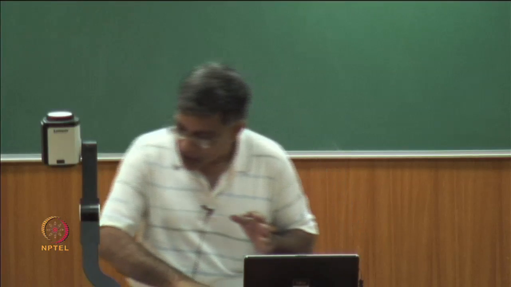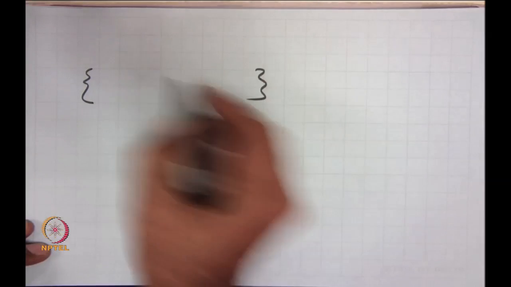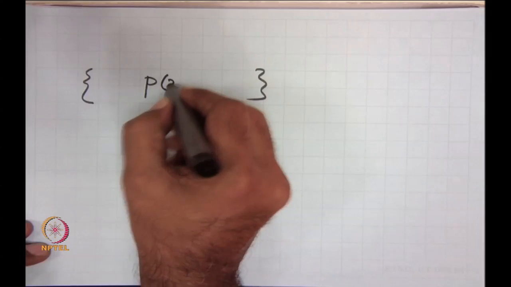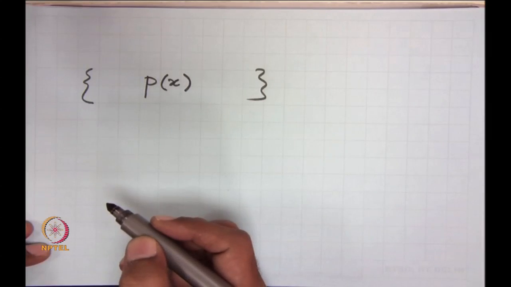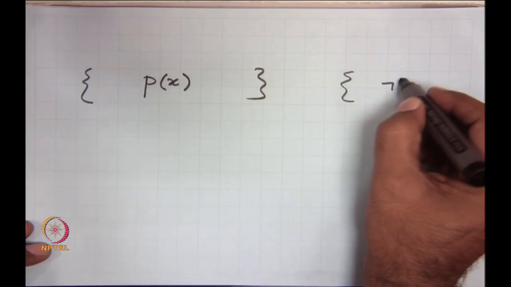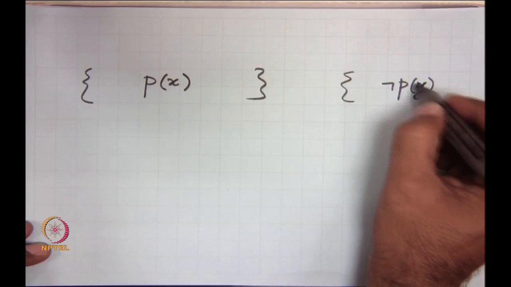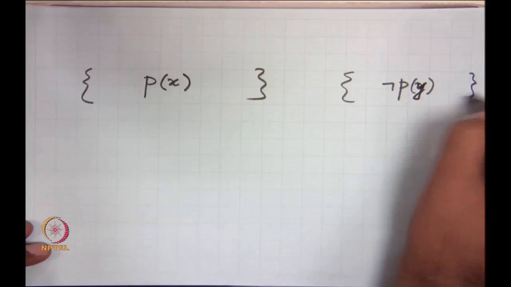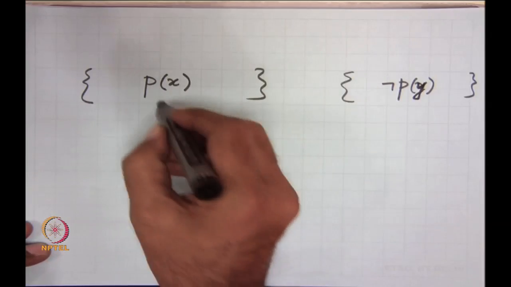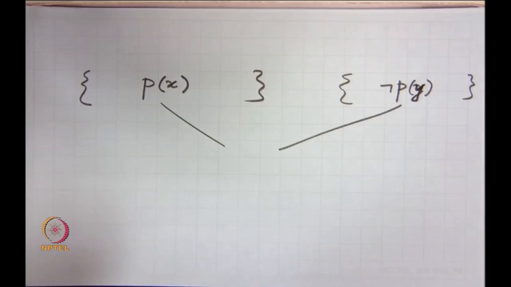So what I mean is, even if I have variables and after unification I get one clause which has, let us say, p of x and another clause which has not p of x, I can actually decide to resolve between them, do a common substitution of a variable, minimum, absolutely minimum.